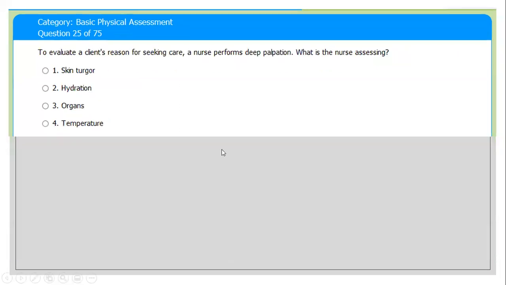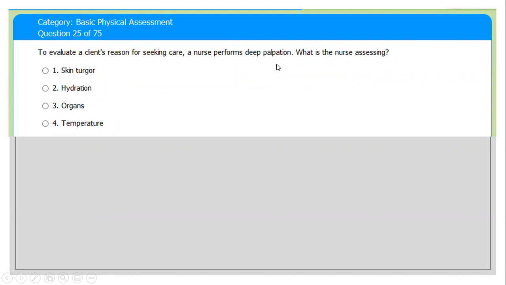The next question here: to evaluate a client's reason for seeking care, a nurse performs a deep palpation. So what is the nurse going to assess?